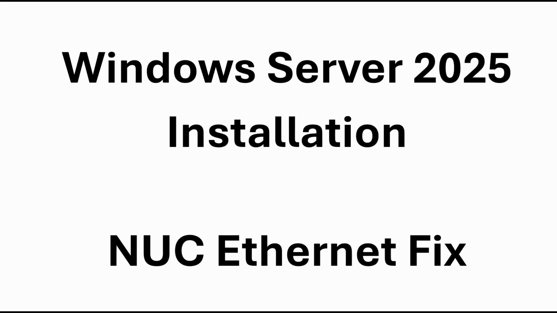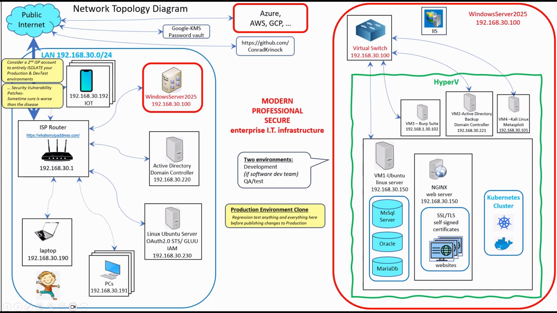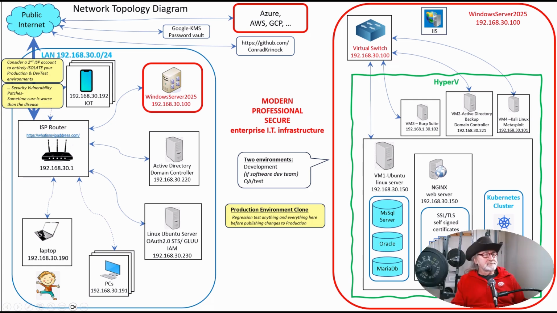So we've completed the installation of our Windows Server 2025 operating system, and we've done this on our NUC mini PC, and the Ethernet doesn't work. Okay, so here's our network topology diagram, and we're still working on our Windows Server 2025.